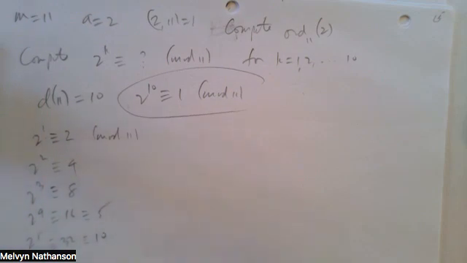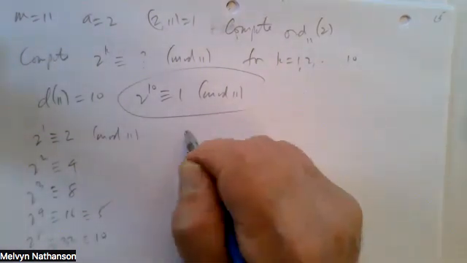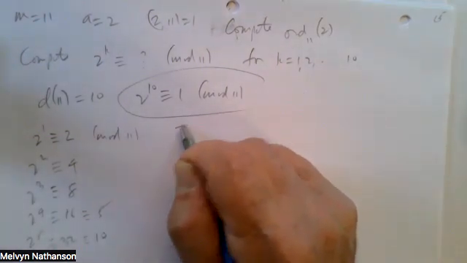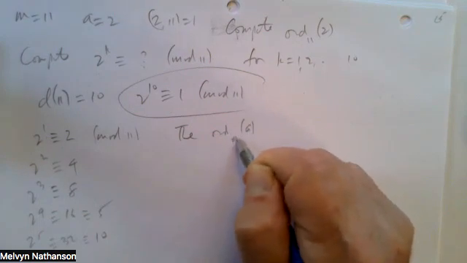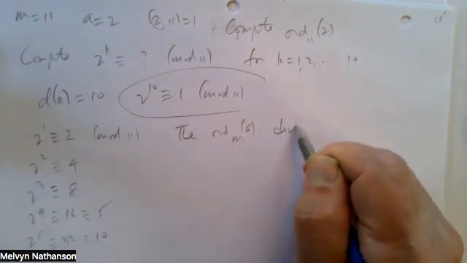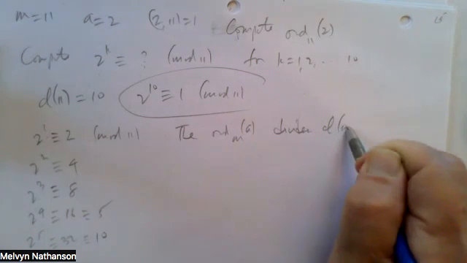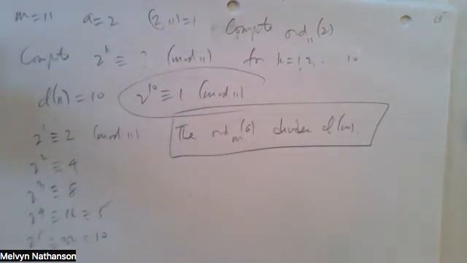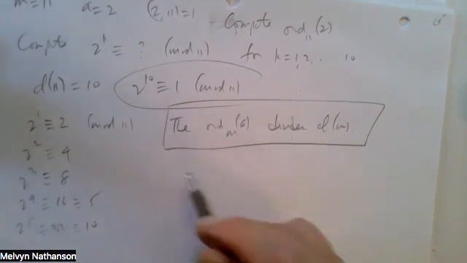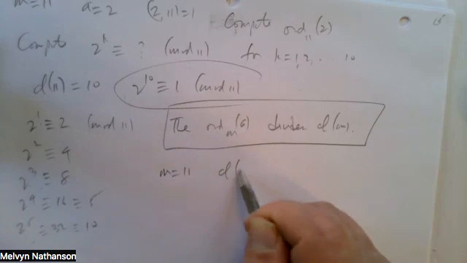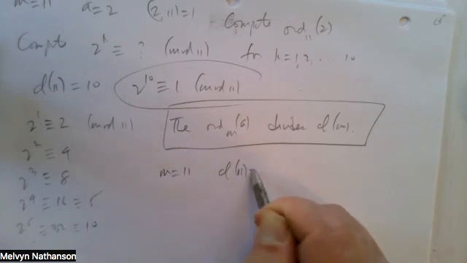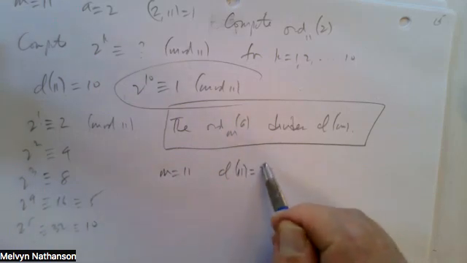But you can also make the following observation. Recall that we proved the order of a mod m always divides phi of m. So in case m equals 11, that's the case we're in, phi of 11 is 10.